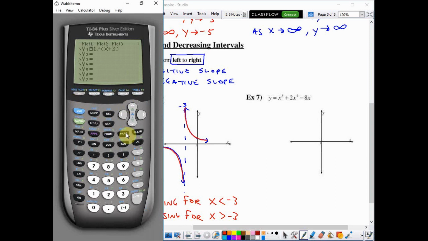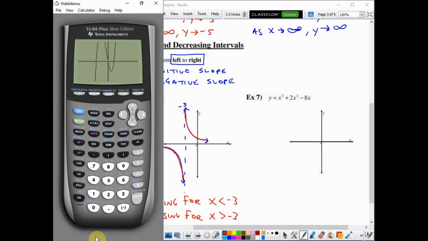Go back to y equals, clear it out, and try x cubed plus 2x squared minus 8x. And graph.